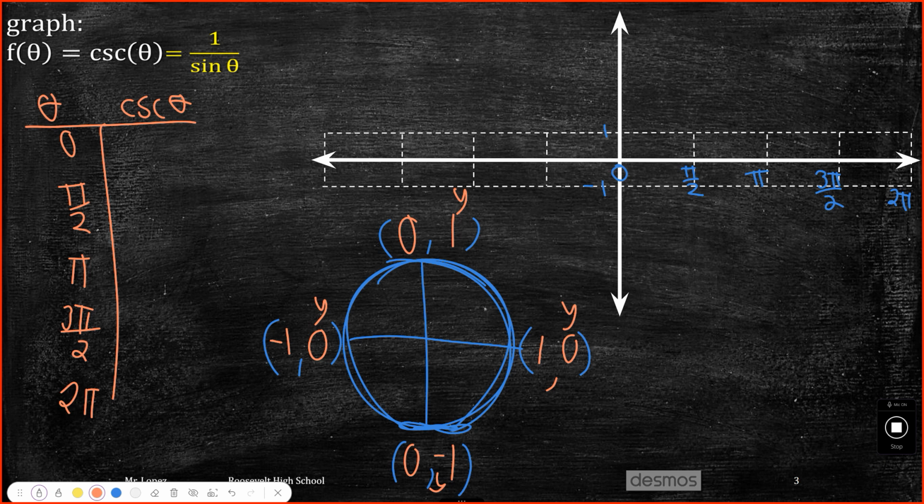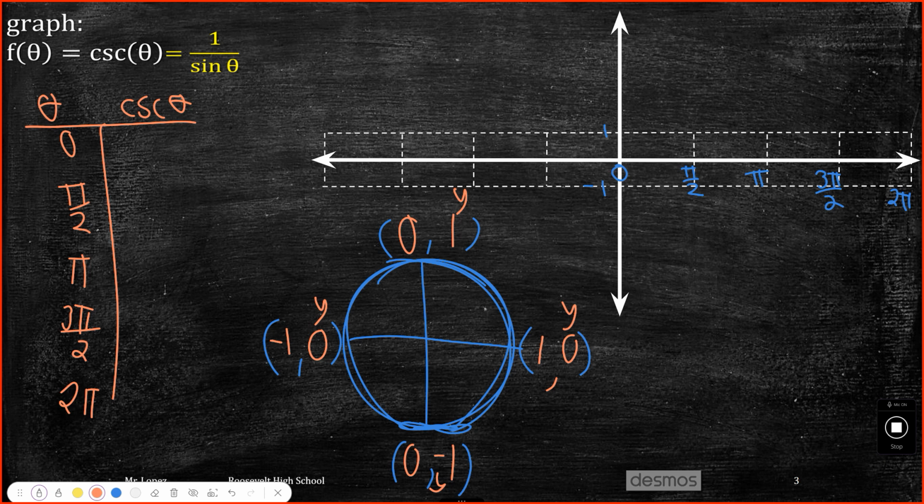Anybody in this class, what's cosecant 0 without me teaching? You're like, why do you just ask us and not teach us? Because you need to be thinking. What is cosecant 0?